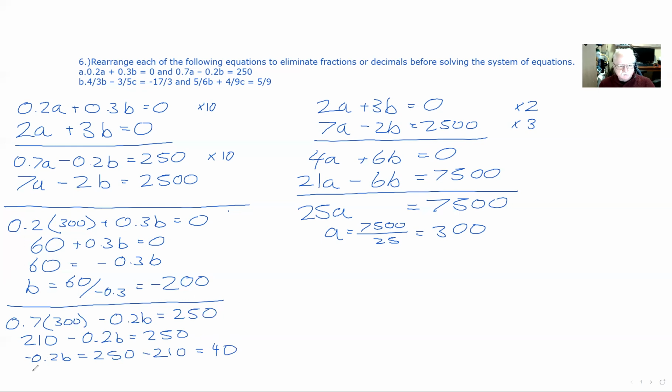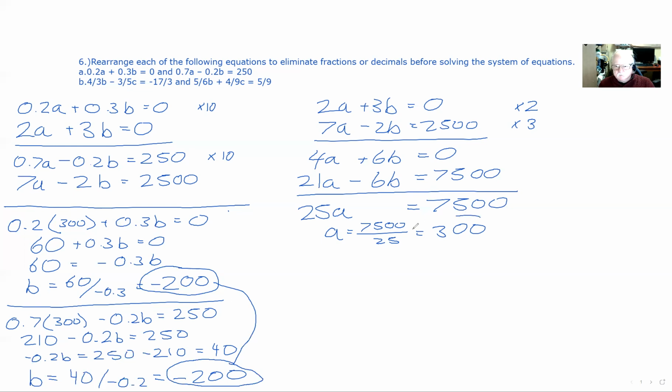So what we end up with is b equals 40 divided by negative 0.2, which luckily enough equals negative 200. So this is equal to this, makes us happy.